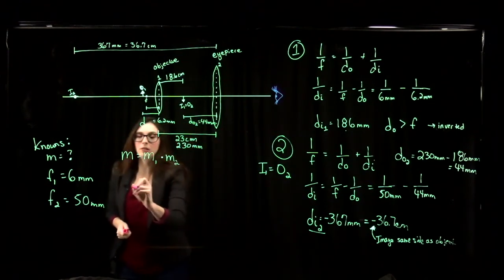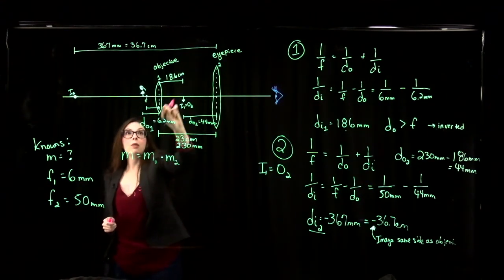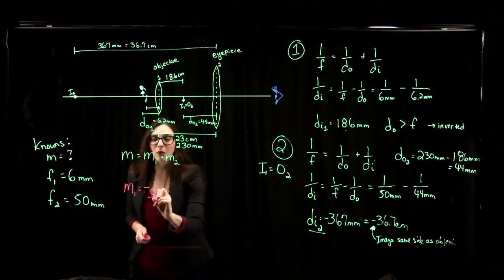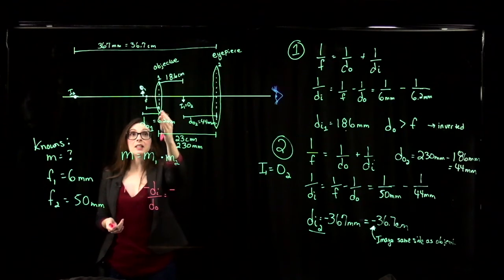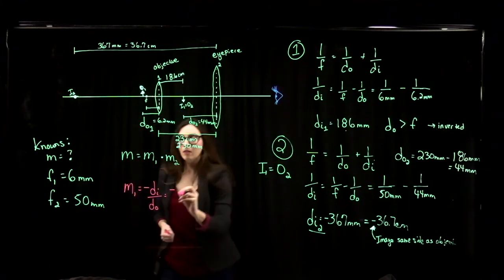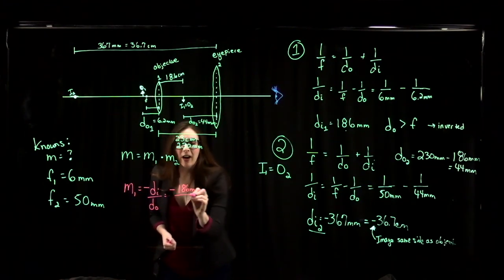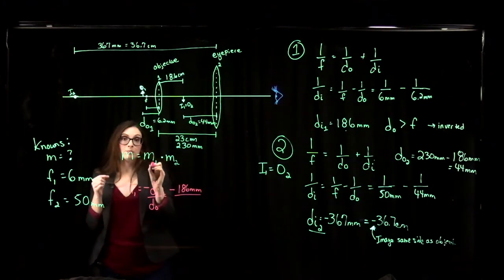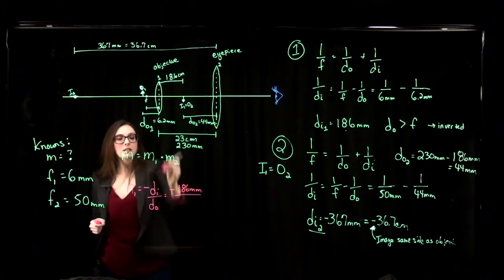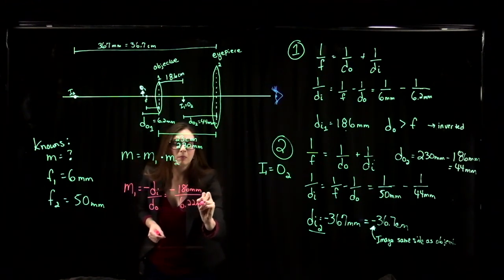So M1, the magnification that we get for our first lens here, is going to equal minus DI over DO. The distance our image was away from the first lens was 186 millimeters. And then we're going to divide that by the distance our specimen is away from the objective lens, and that distance was 6.22 millimeters.